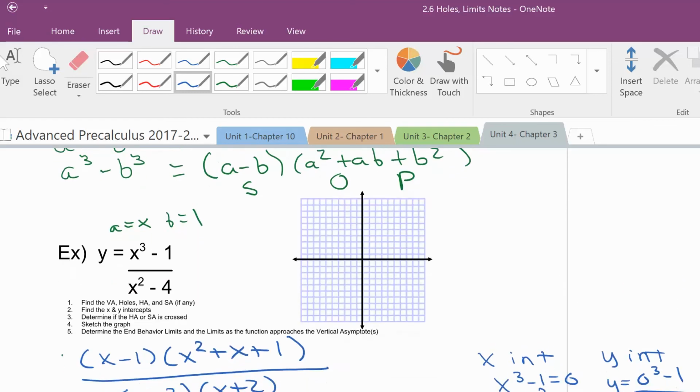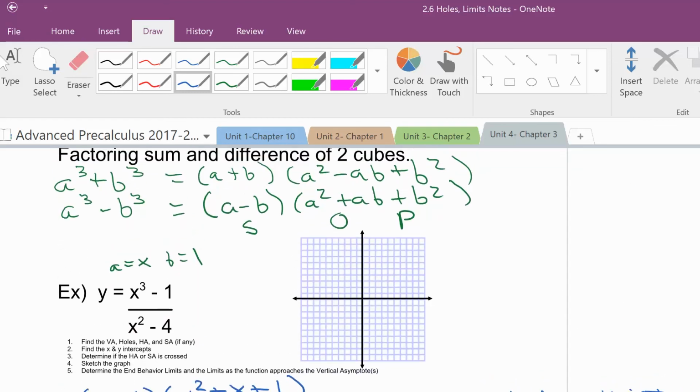Then to see where the horizontal or the slant asymptote is crossed, if it is, you set the slant asymptote equal to the function.